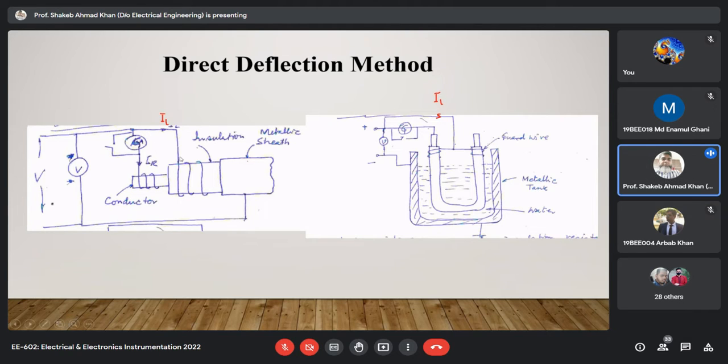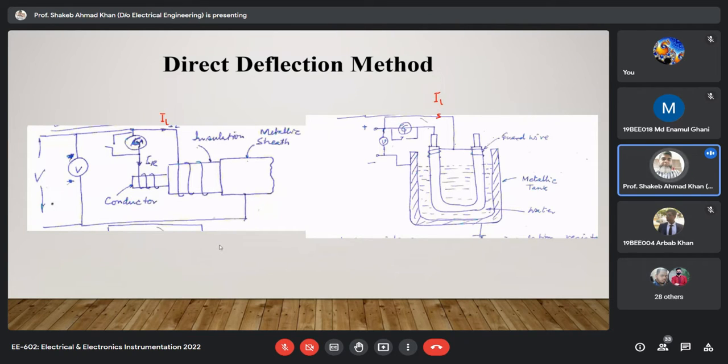If we want to know the insulation resistance of the cable, then we require two electrodes connected to the insulation. Both electrodes are already there in the cable itself. One electrode is the conductor of the cable, in contact with the insulation, and at the other side it is the sheath, also made up of conducting material.